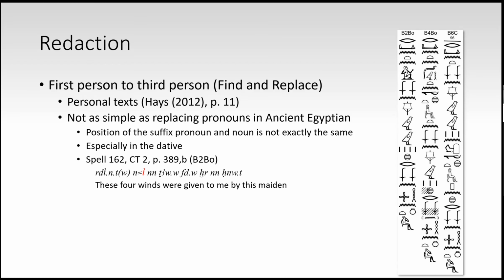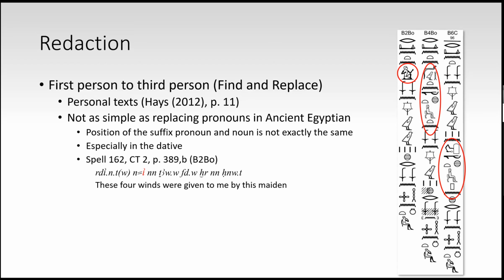Well, the main point where you can clearly see this, especially where the structure is compared, is when you're dealing with the dative construction, where the suffix dative moves in front of the subject, the object, whereas when you're dealing with a noun dative construction, it would move behind the object. As you can see here, in B2BO is what I would call the format how it in the first person should indeed look.